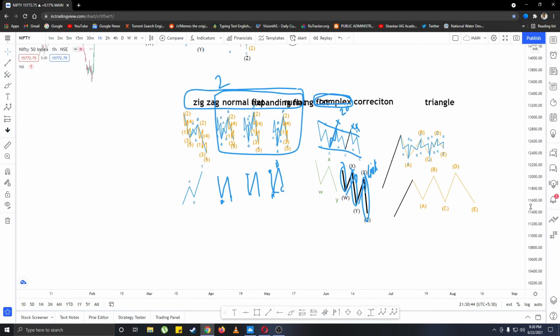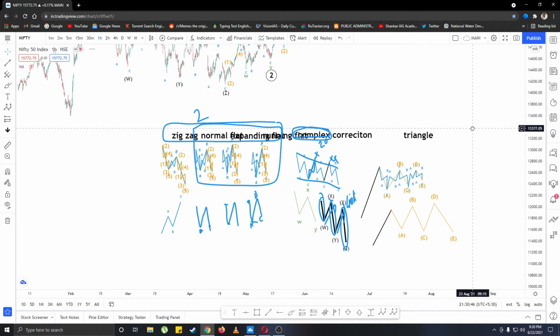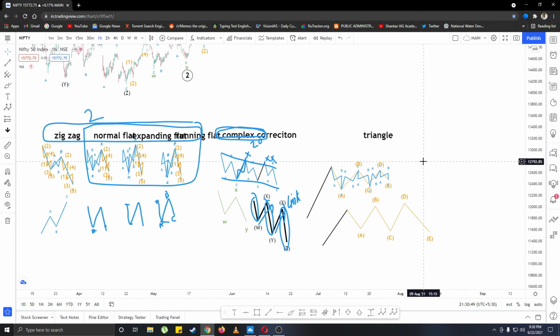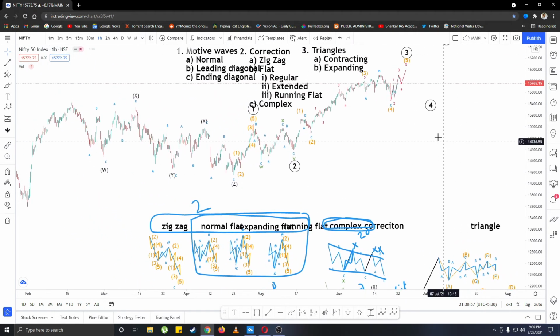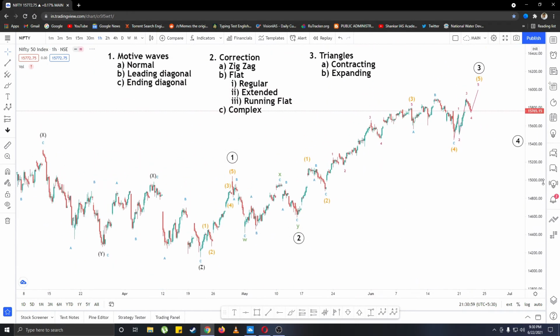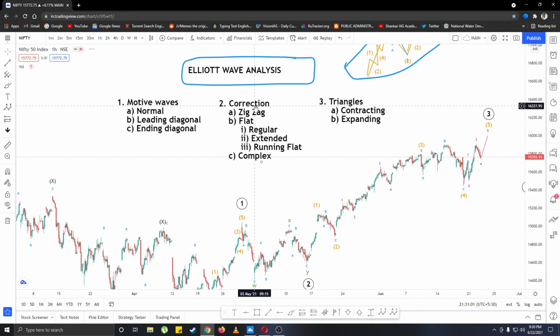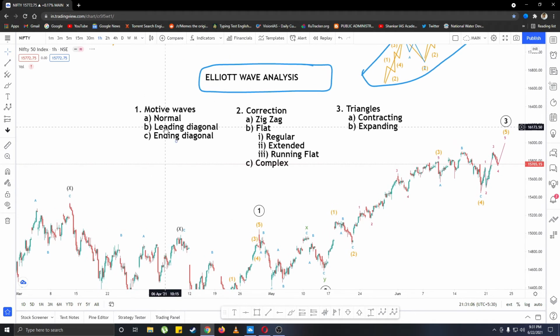We have completed, according to my knowledge, which is not so vast in relation to Elliott waves, but I tried my best to complete all the topics. So I think everything is clear. Motive waves, normal motive waves, leading diagonals occurring in wave 1 or wave A of correction, ending diagonal occurring in wave 5 or wave C of correction.